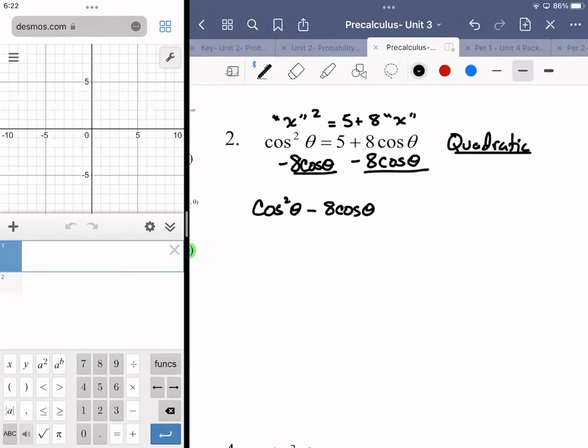You can't do the same thing with trig functions. All right, so this is equal to 5, and then I would subtract the 5 from both sides, in which case I would get cosine squared theta minus 8 cosine theta minus 5 is equal to 0.